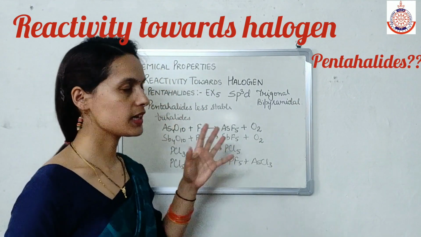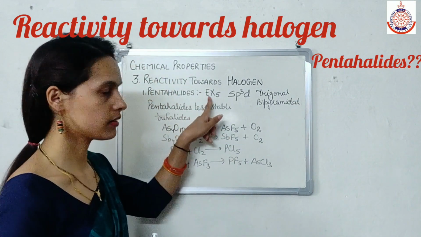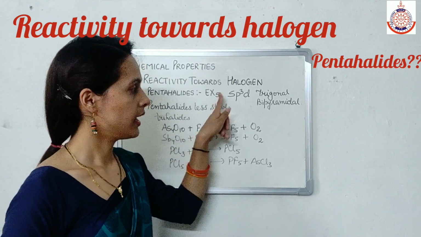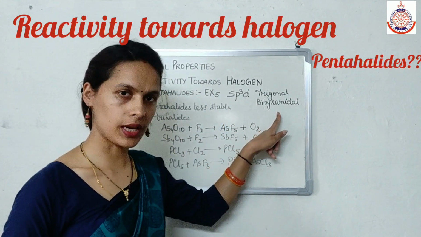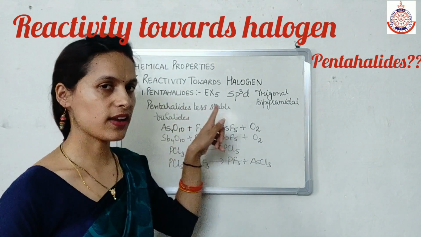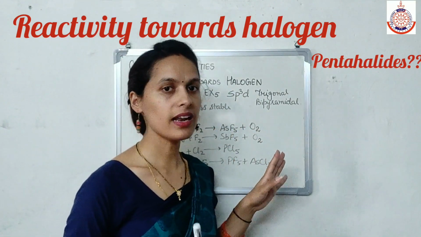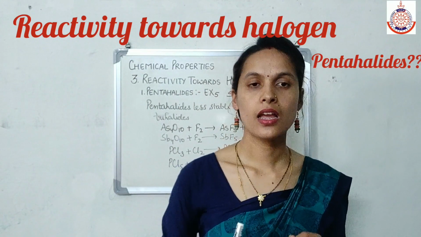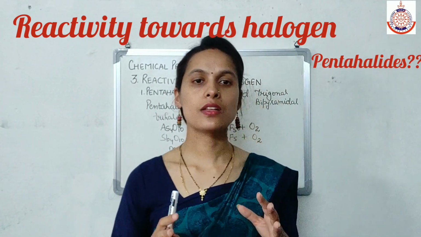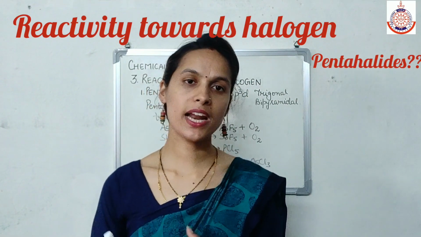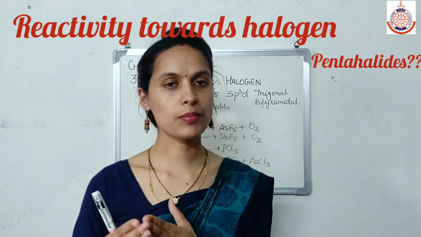So what we have studied in pentahalides: first of all the formula, second the hybridization, third the shape. Next, in properties we have studied that pentahalides are less stable than trihalides due to inert pair effect, and because of this we have the pentafluorides of phosphorus, arsenic, antimony and bismuth.